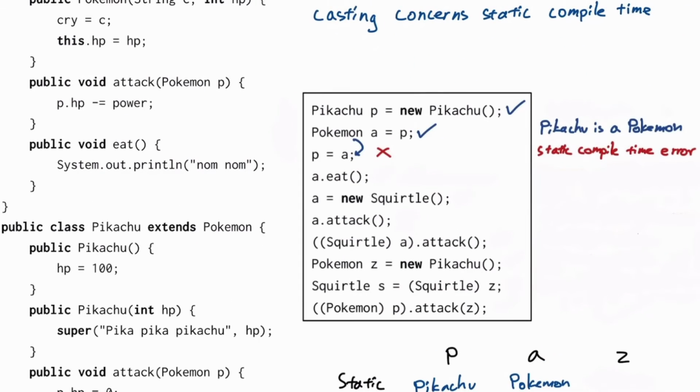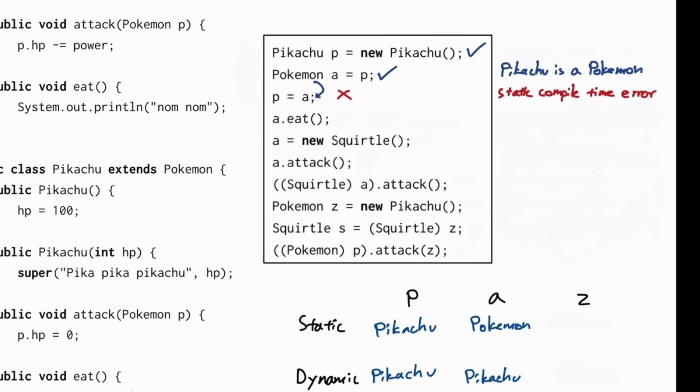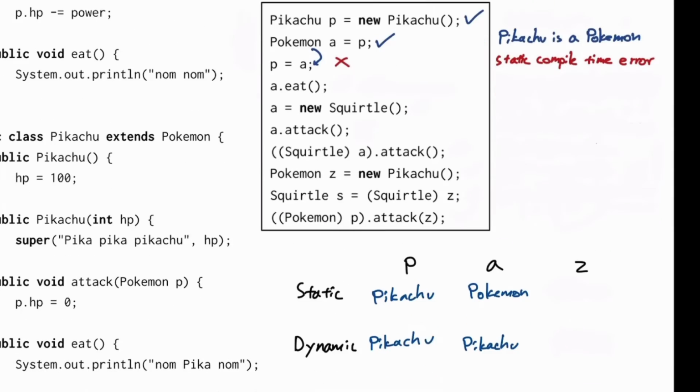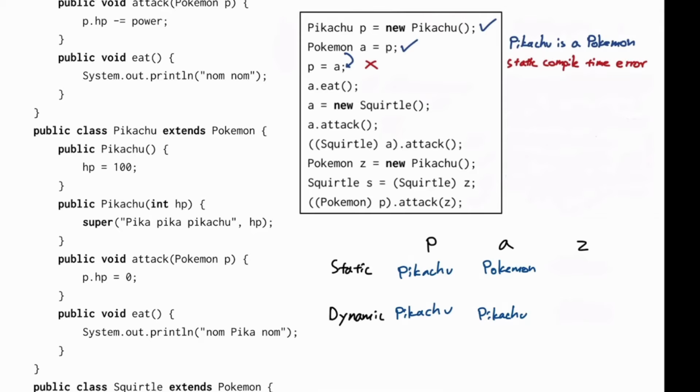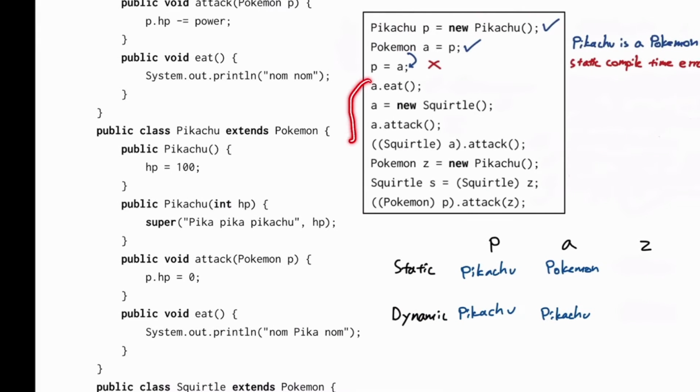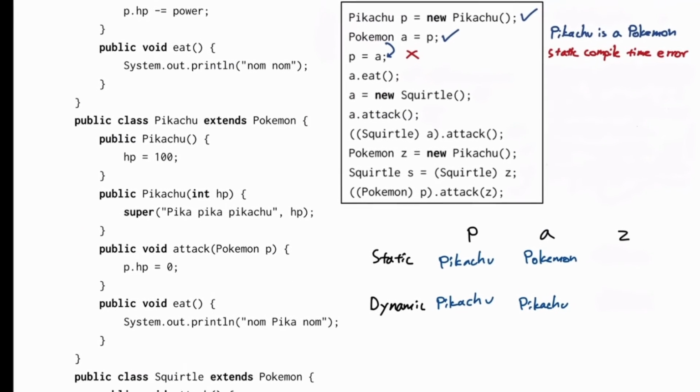However, when this code's actually run, the dynamic type will be used in order to select what method will be run. So when we actually go to run this code, since the dynamic type of a is Pikachu, from this line up here, the code will actually look over here and use the method in the Pikachu class because the dynamic type is Pikachu.